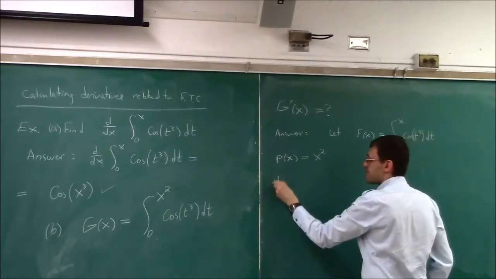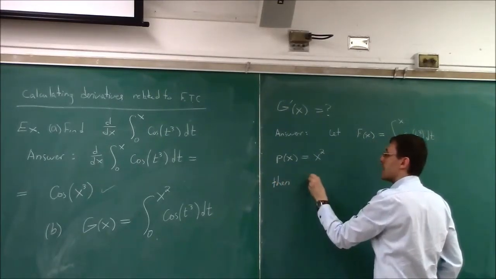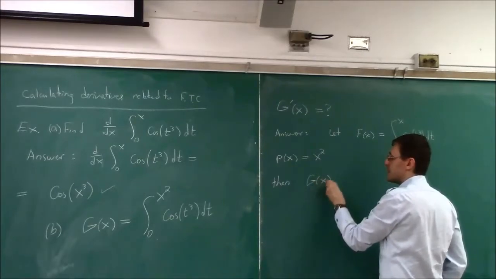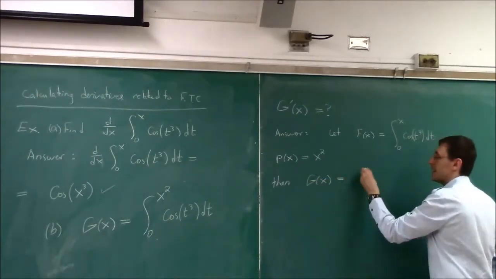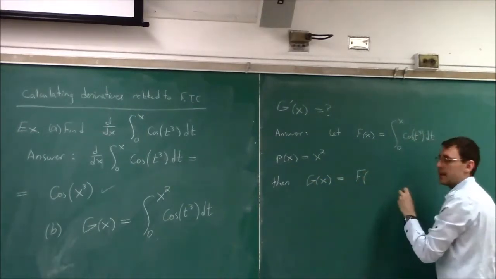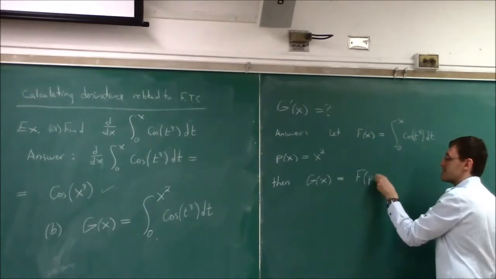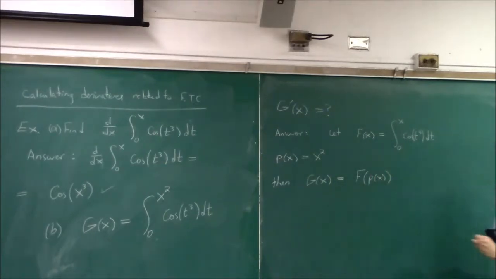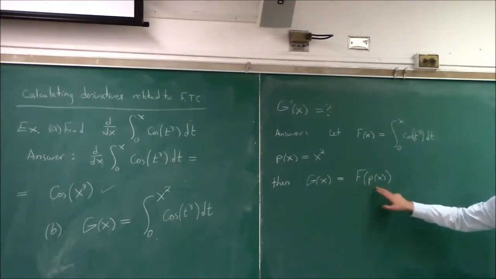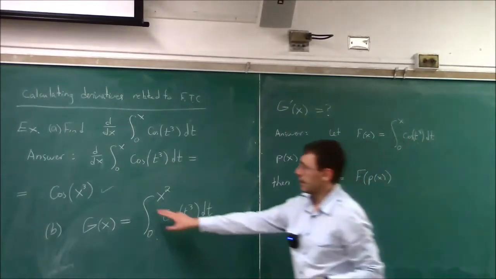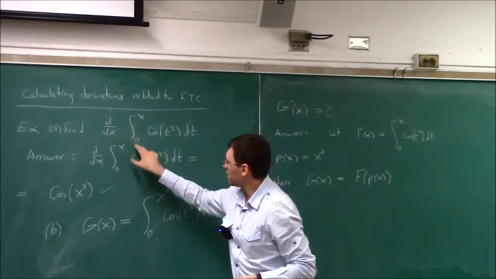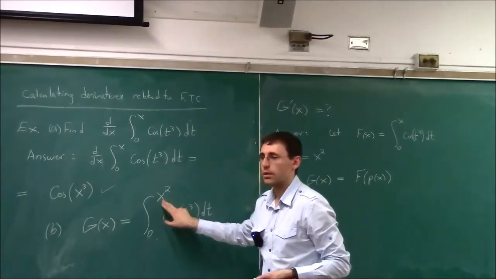And then you observe that the function g of x is simply capital F that has eaten p of x. That's why chain rule comes to mind. It's a combination of the regular function that you now know how to deal with and x squared.